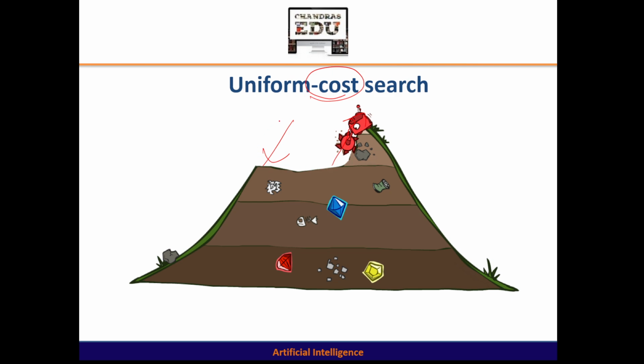Why? Because we are not clear about where the goal is. So wherever we find the lowest cost, we'll try to move in that path. But we will also be checking the total cost from the initial point. If we can get a lower cost somewhere else than this one, we'll try to move in that path to find the final solution.